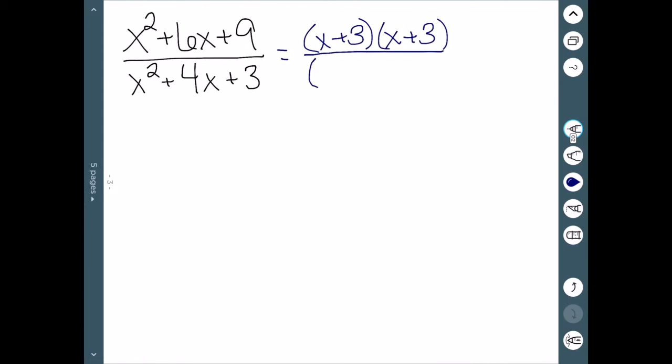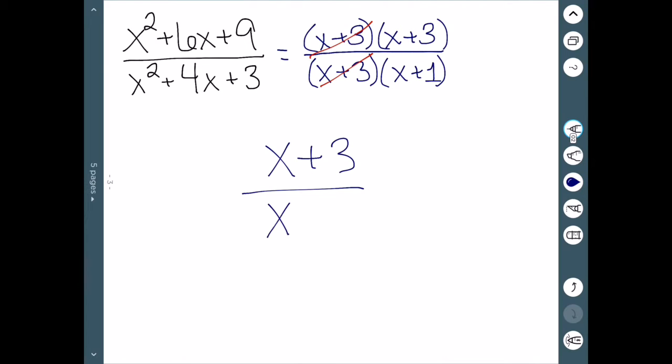On the bottom, two numbers that multiply to be 3 and add to be 4 would be 3 and 1. Now we can see that both the top and the bottom have an x plus 3, so those will cancel. We're left with an x plus 3 on the top and an x plus 1 on the bottom.